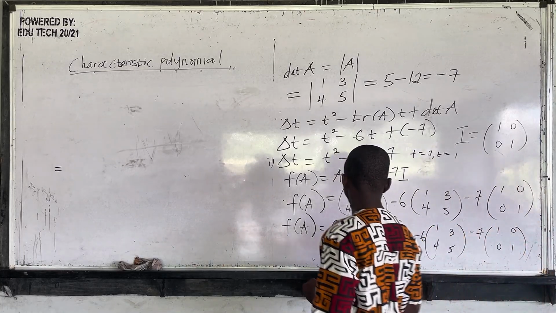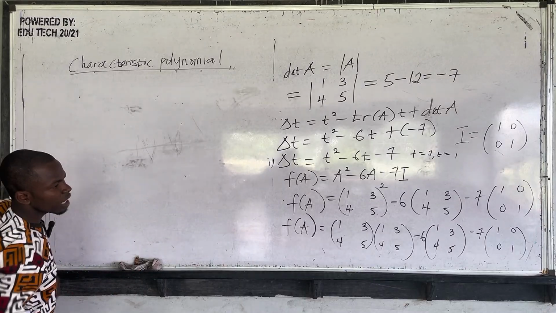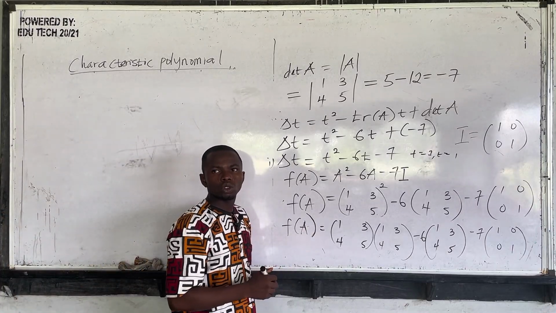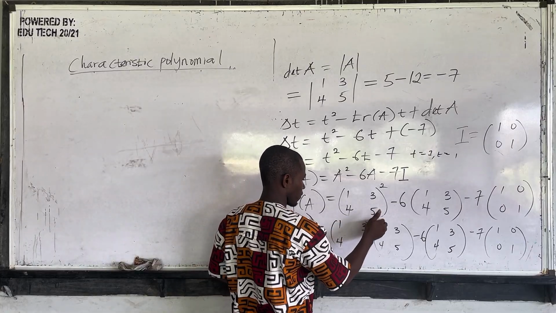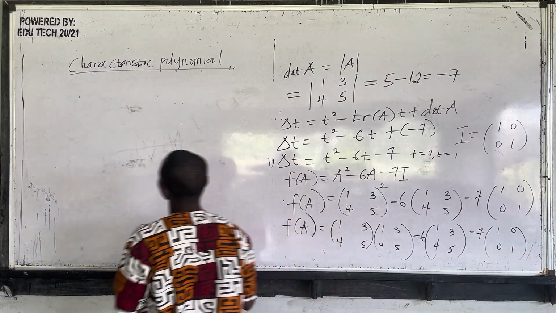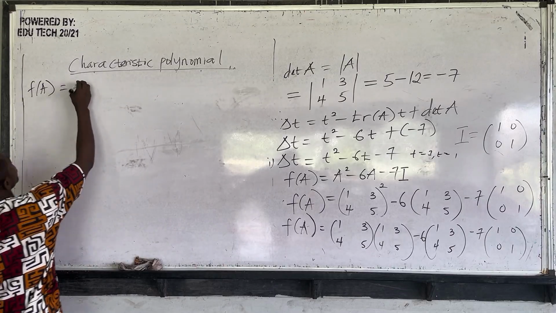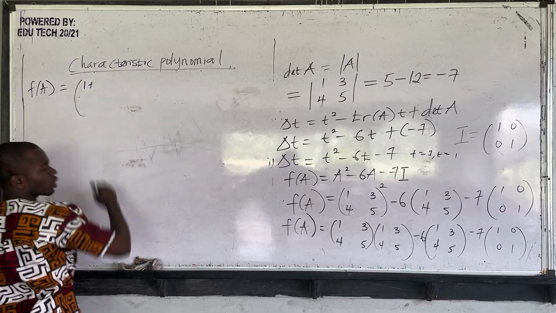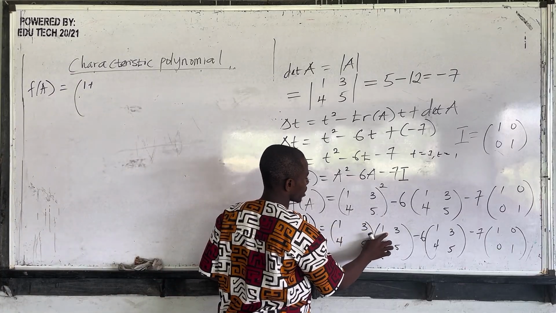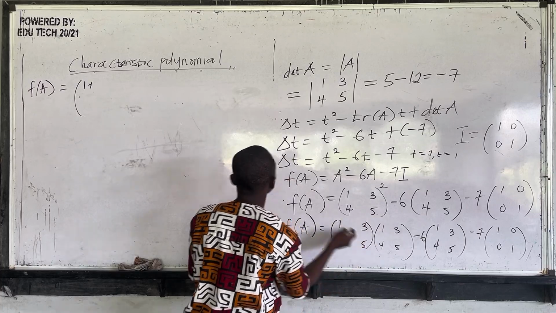Then I will now expand. If I want to expand a 2 by 2 matrix or any matrix, it will be row by column. First row, first column: 1 times 1. Which means f of A is equal to 1 plus, because 1 times 1 is 1, plus 3 times 4, that is first row, first column. 3 times 4 is 12.